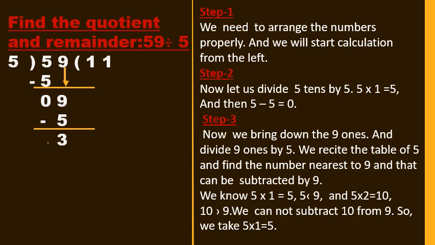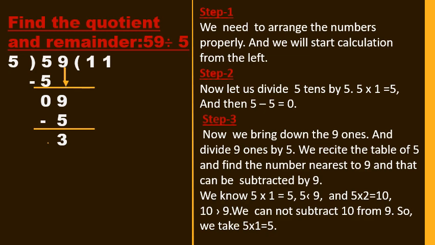Girls, we know that 5 ones are 5 where 5 is lesser than 9 and 5 twos are 10 but 10 is greater than 9. Girls, always remember in division we only can apply simple subtraction. So we cannot subtract 10 from 9. So we are going to take 5 ones are 5 here.